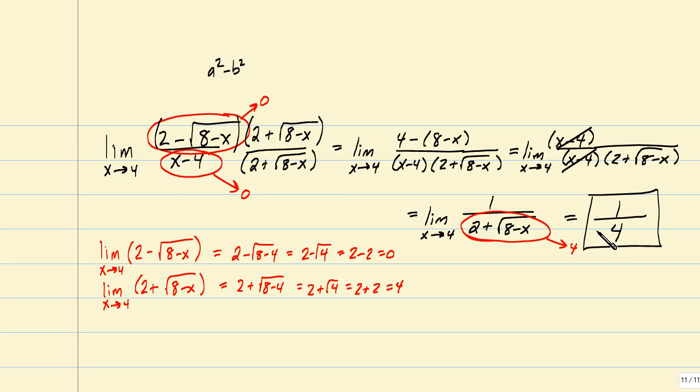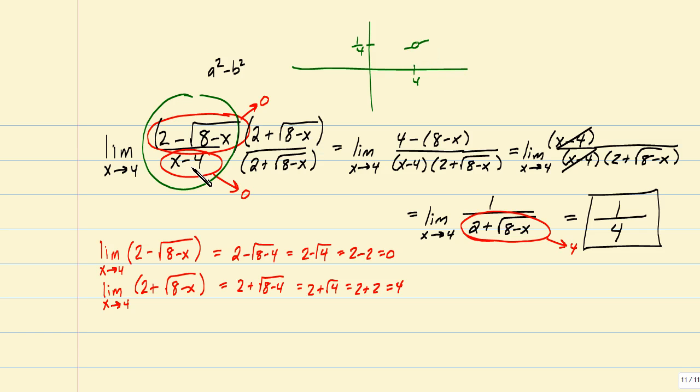Now, the limiting value did exist, we got 1/4, but the original function involved, this guy right here, doesn't exist when x actually equals 4. So graphically, if here's 4, we can expect a limiting height of 1/4, which means our graph looks something like this.